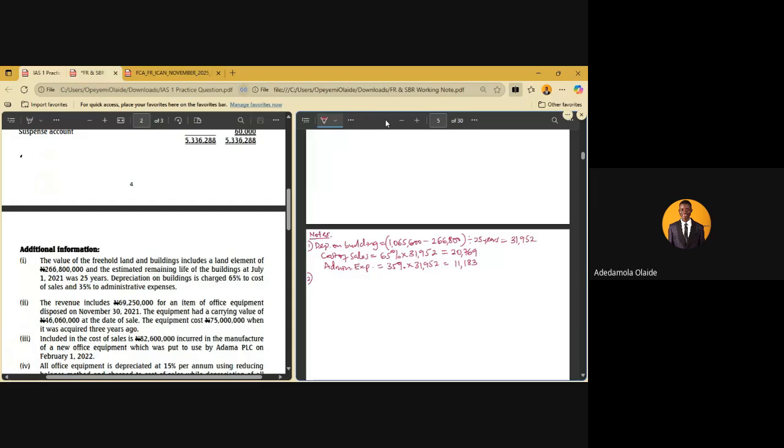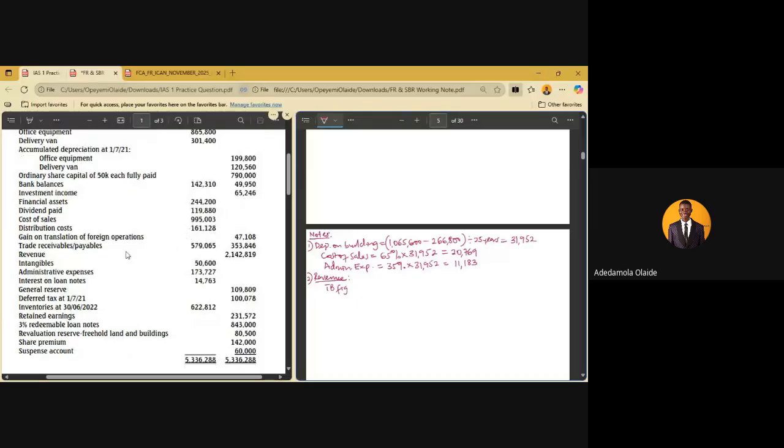First thing first, in line with the principle of IFRS 15, the disposal of an item of PPE cannot be recorded as revenue. Revenue is what we make from activities in the ordinary course of business. So revenue, trial balance figure. What do we have for revenue based on our trial balance? 2,142,819.